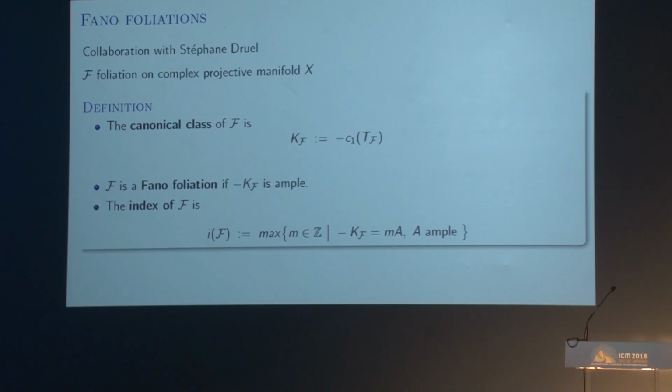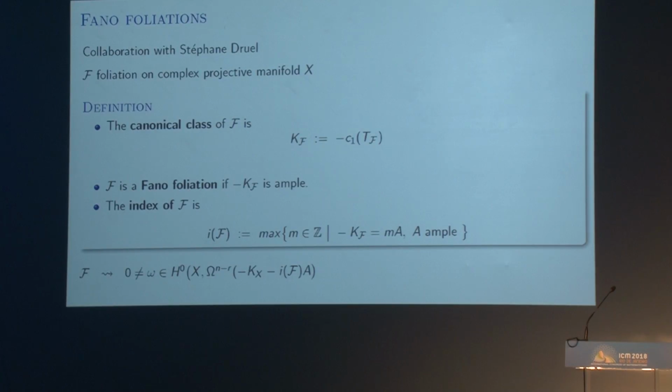Once you fix the dimension of the variety X, there must be a bound on the index. This is very easy to see, because if you have a foliation, a subsheaf of the tangent bundle, then you can dualize, and you can think of this foliation as a non-zero section of a certain sheaf of twisted differentials.